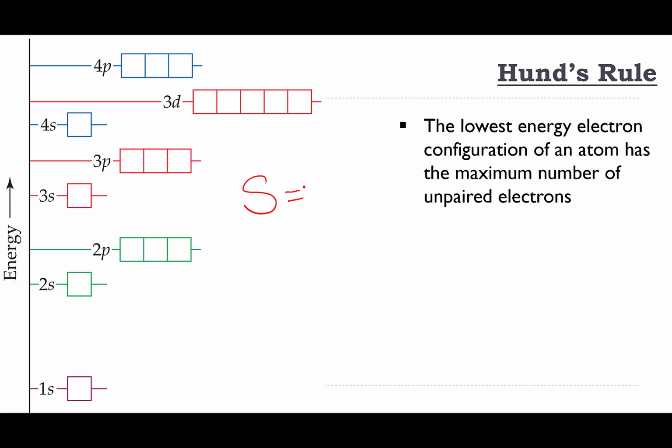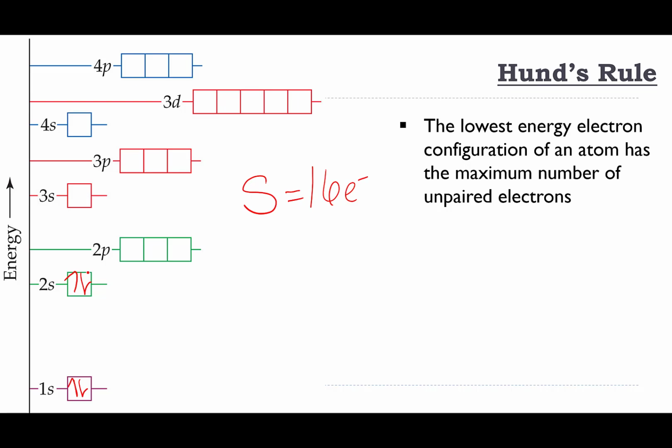All right, sulfur has 16 electrons. It's a lot. So to find a home for 16 electrons using our orbital diagram, we're going to start from the bottom, and we're going to go 1, 2, 3, 4. I know the p orbital is going to be full, but watch how I put these in. And this is going to help me remember Hund's rule.